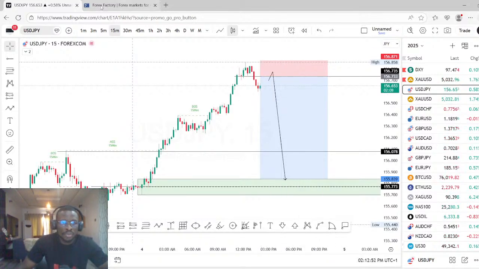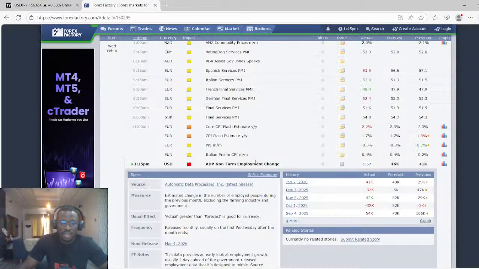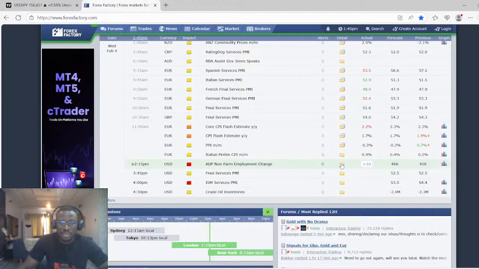Whilst we patiently wait for the news to happen, we have 3 more minutes before this news happens, and I think I will just have to stay on that particular news so that we see how the results print out. If you look at forexfactory.com right now, we already have a countdown going on.